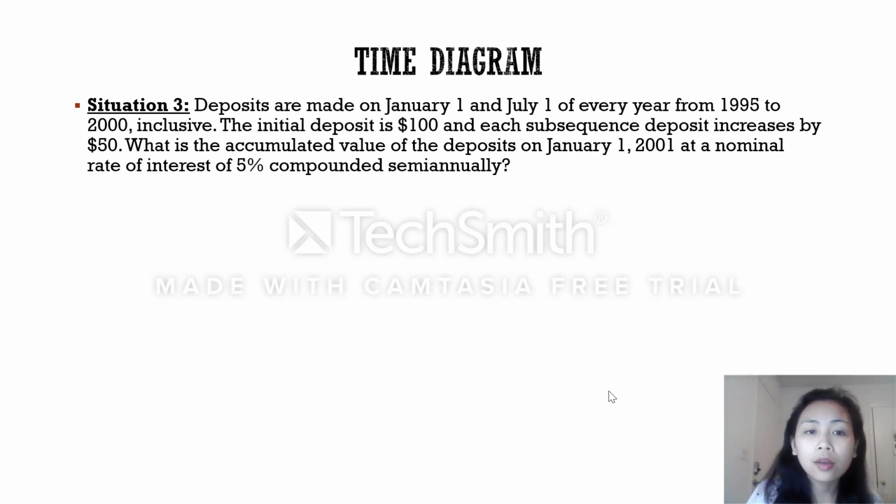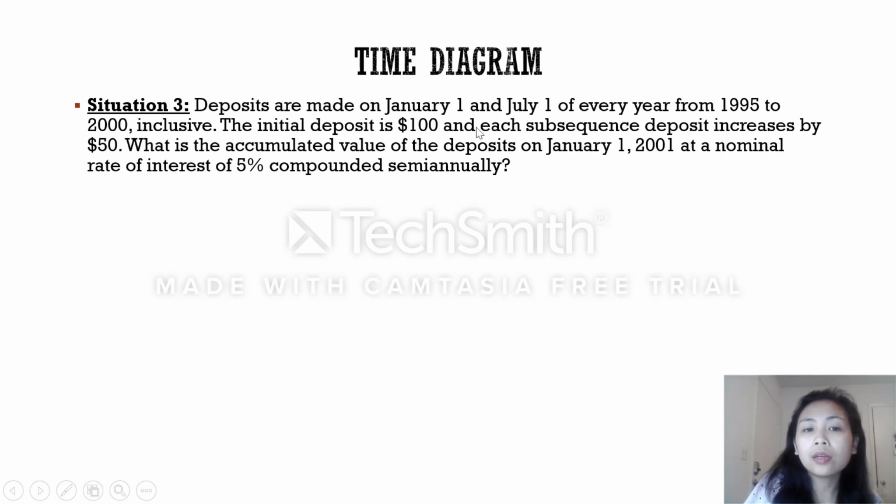So here's the thing, deposits are made twice a year, on January 1st, July 1st, and then January 1st, July 1st, and so on. So on the time diagram, we are not using 1 year as the interest period, but we are going to use half year.